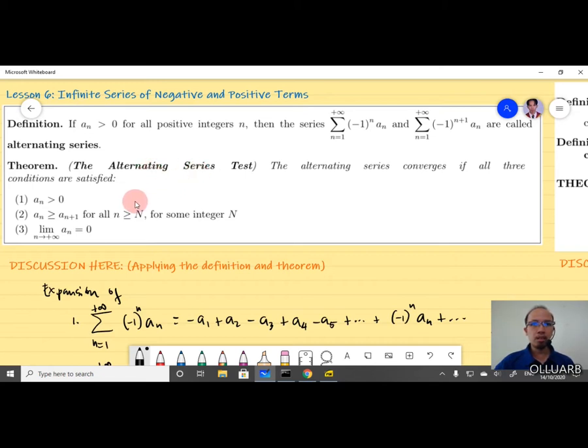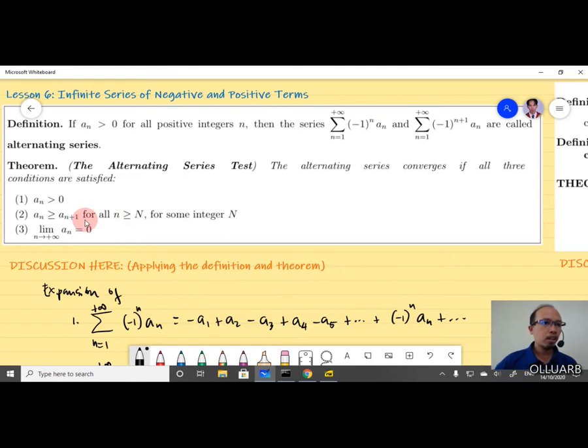There are three conditions that you are going to satisfy: a sub n must be positive, then it is decreasing, and the limit of a sub n as n approaches positive infinity is 0. These are the three conditions that you are going to satisfy to show that the alternating series is convergent or not.